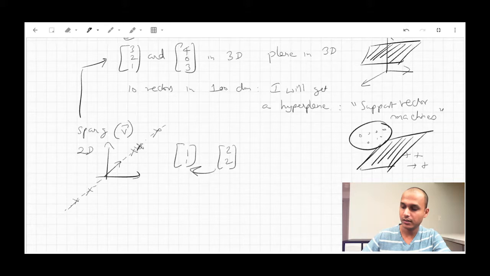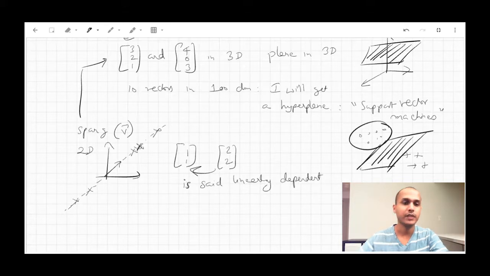Therefore, the second vector is said to be linearly dependent on the first vector. It's said to be linearly dependent because it belongs to the span of the first vector. And similarly, any vector that belongs to the span of some other set of vectors is linearly dependent on them.